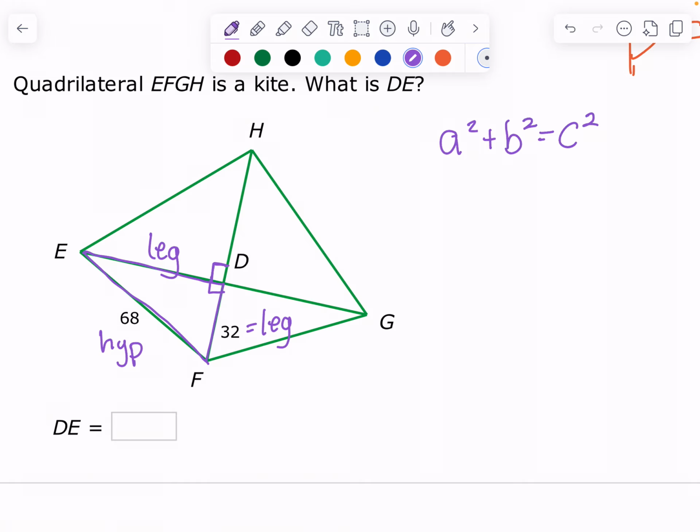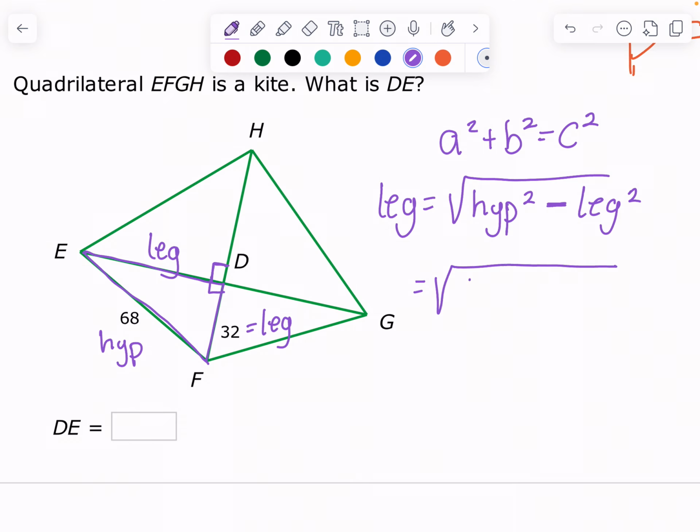But my favorite way of doing it is this way. If I want to find a leg, I'm going to do the square root of the hypotenuse squared subtract the other leg squared. So for our problem, it would be the square root of 68 squared subtract 32 squared.